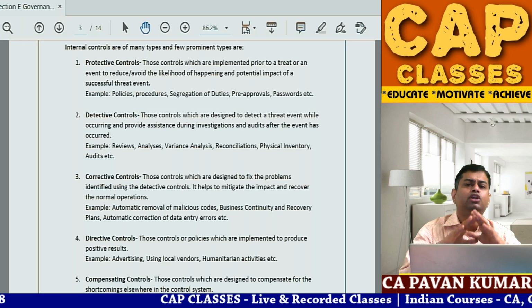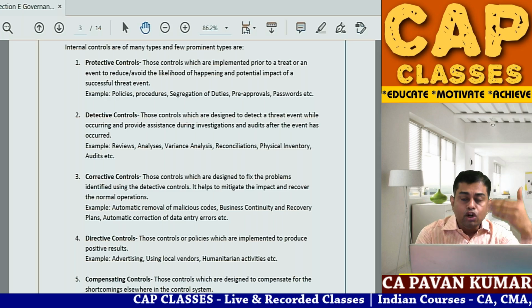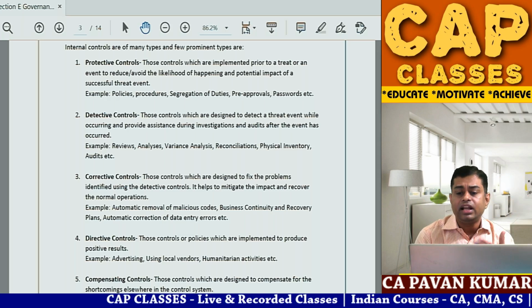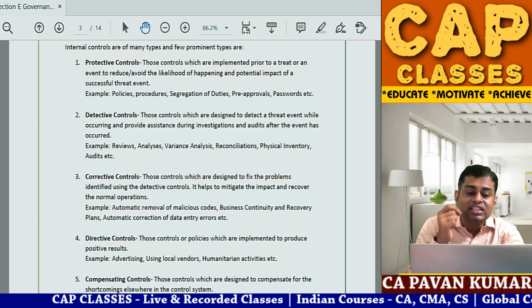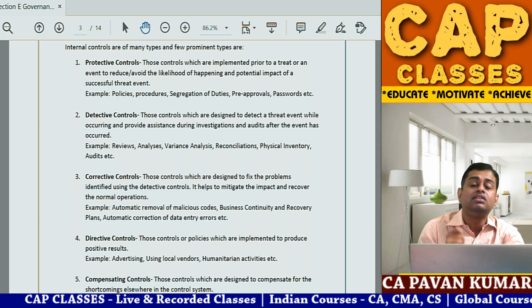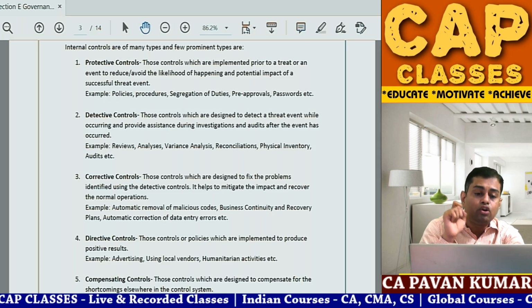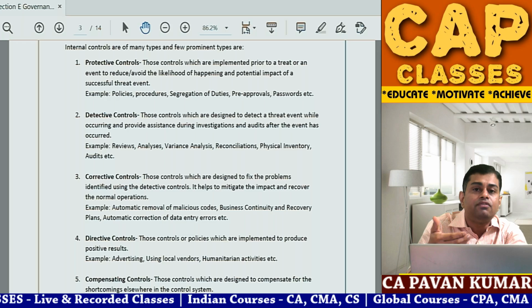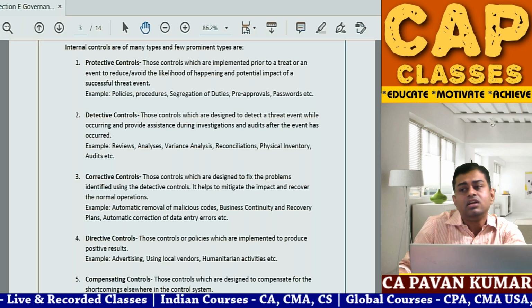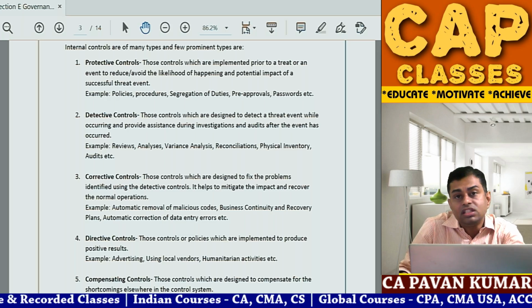So I have set up the whole backdrop. Read the first 1-2 pages like how you read a novel. Note down if you are not able to understand even a single word, and ask that in the next class. Next class our agenda is to discuss all these 5 types of controls with various examples, and then we'll do MCQ questions also.